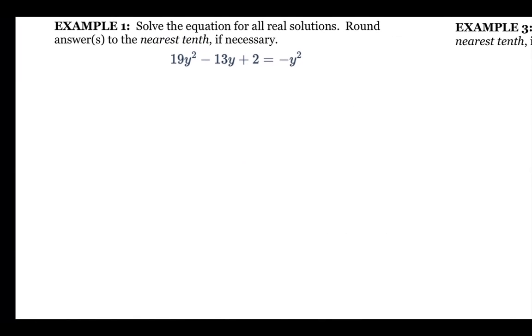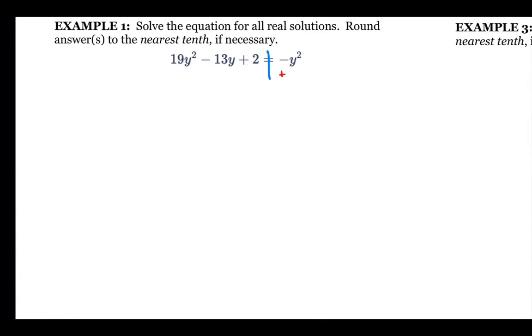Okay, so let's look at example number 1. First question, is it in standard form right now? No, close, but not right now. There's no equal 0. So what I have to do is set it equal to 0.